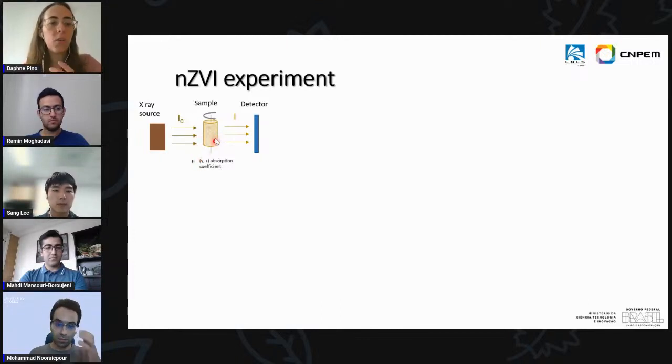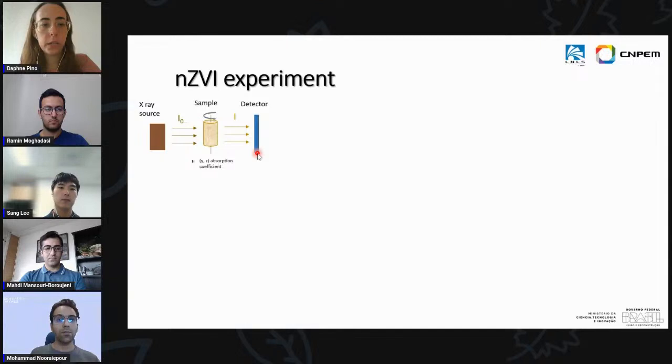Based on the composition of the sample, we'll have different absorption coefficients. So the sample will absorb or let the radiation pass through it in different ways, depending on its composition. And the radiation that comes through the sample will be collected by a detector. This detector will provide information for us to later analyze those 3D images, separate phases and understand what is going on with our sample.